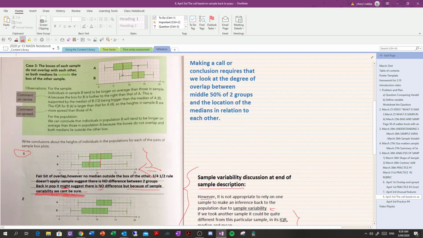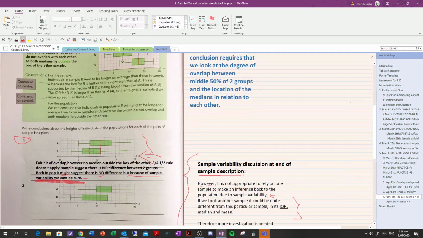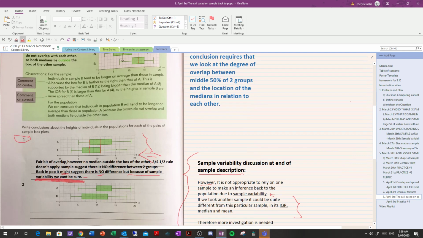So when you come to the end of your sample description and you've talked about shifts and medians and overlaps and shape and all that stuff, then you need to make a tentative conclusion based on the 3/4 half rule maybe, and based on where the medians are, and say, my sample's kind of telling me this, which may suggest back in the population this.